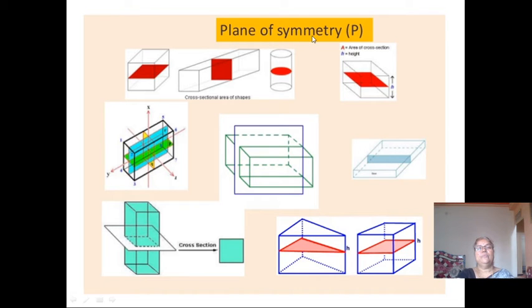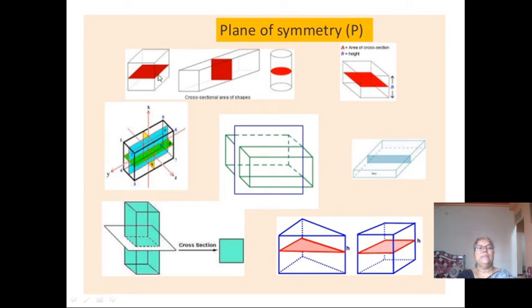Then we will first see the plane of symmetry. A plane of symmetry is nothing but any imaginary plane that divides the crystal into two equal parts, or two equal halves.